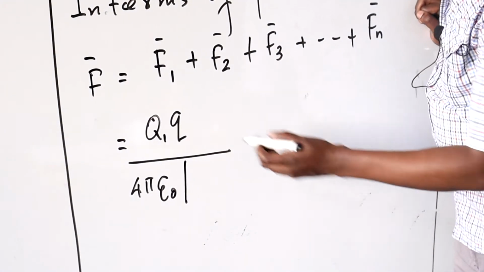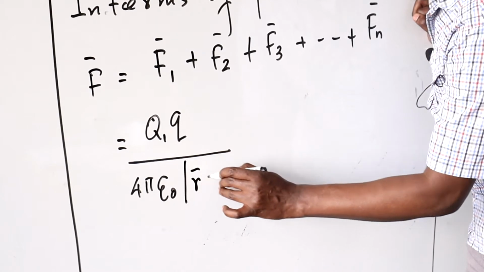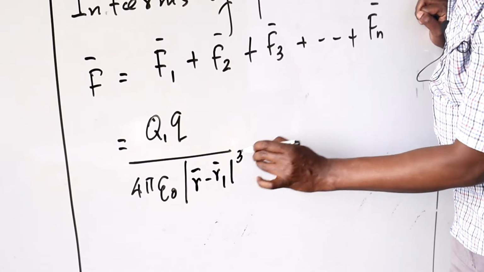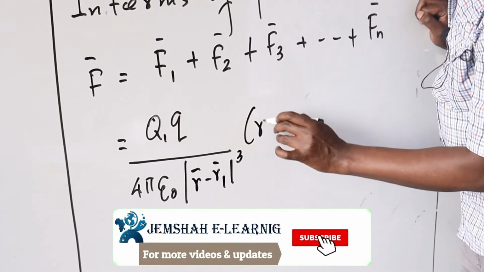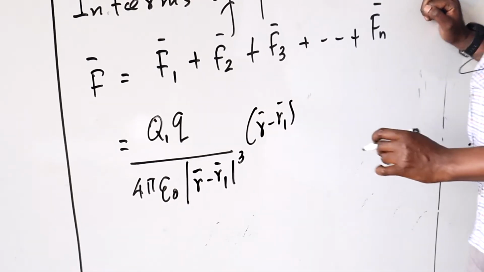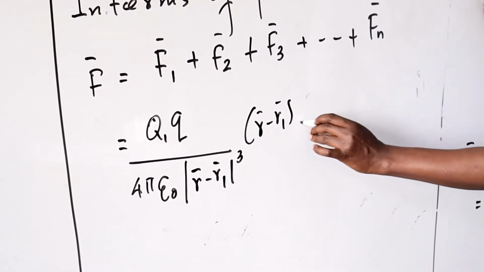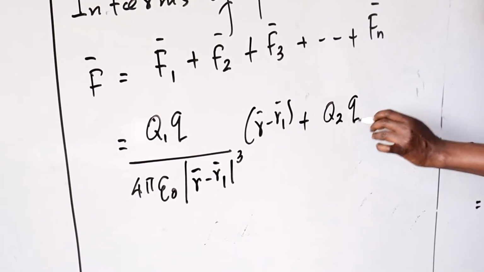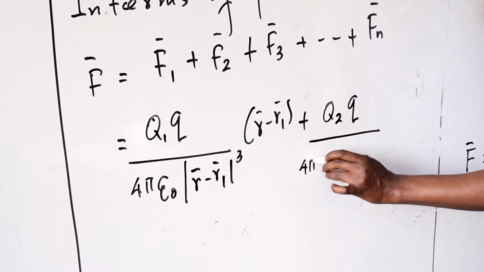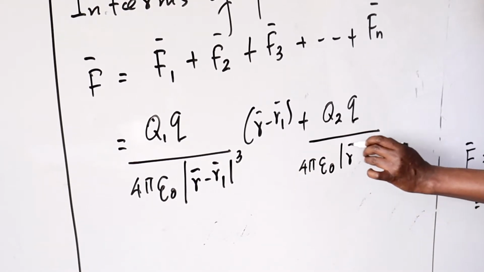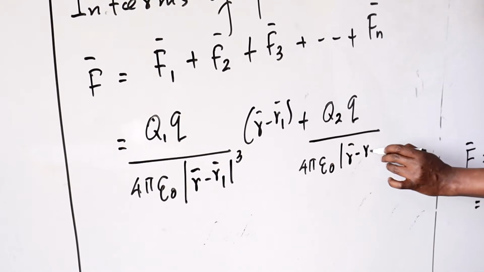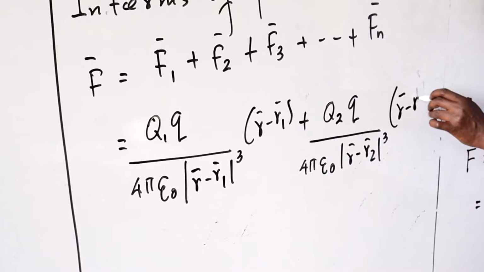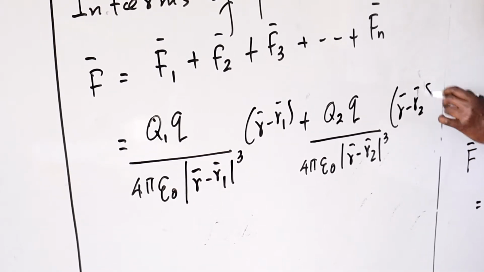Now we are assuming that our vector at the test point is R bar, so we have R bar minus R1 bar cubed into R bar minus R1 bar, plus Q2 Q all over 4 pi epsilon naught R bar minus R2 bar cubed into R bar minus R2 bar, like so.